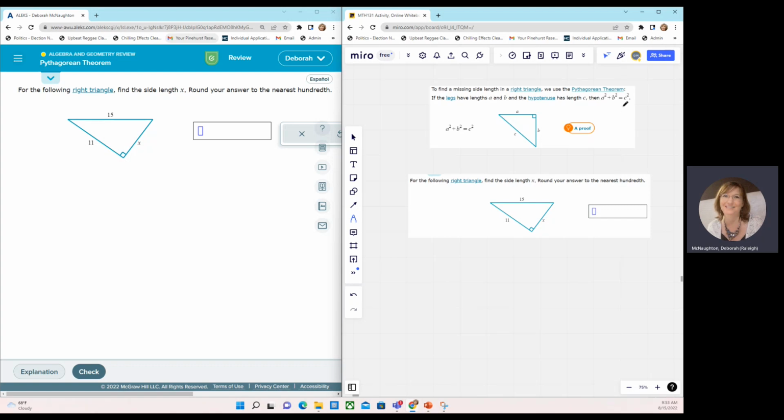So we would solve this for C. C equals the square root of A squared plus B squared. I just wanted to start by writing that down.